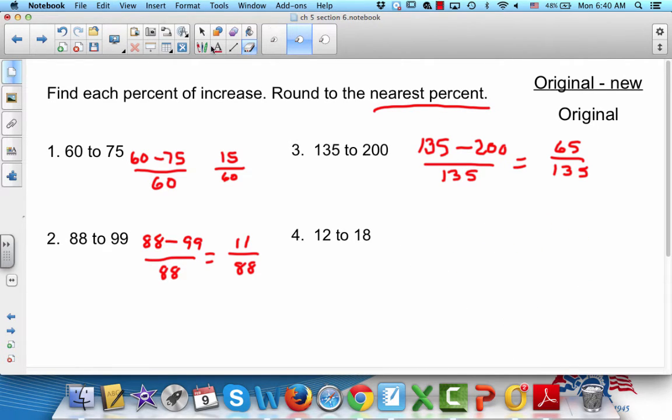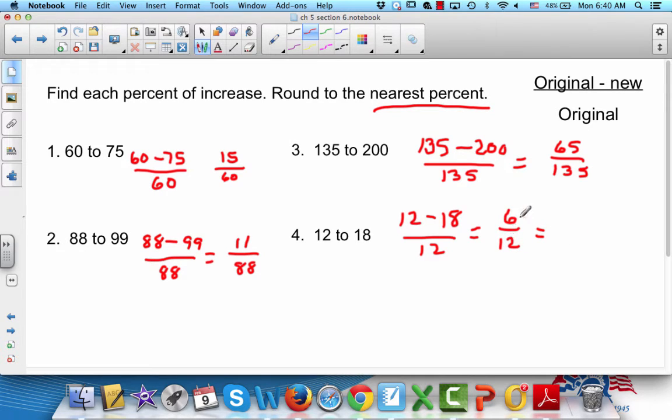All right. We got 12 to 18, so we go 12 minus 18 over 12, yes, equals 6 over 12, which gives us, and if you want to, you can reduce this to 1/2. Because 6 goes into 6 one time and 12 goes into 12 one time. So that's 1/2.